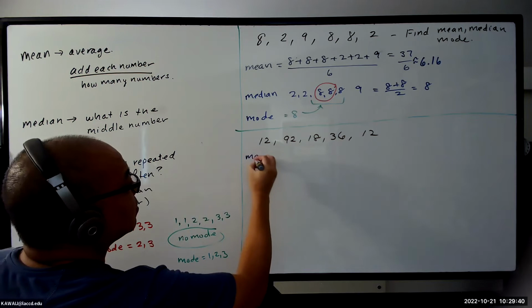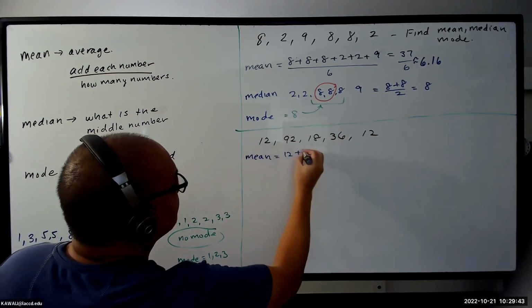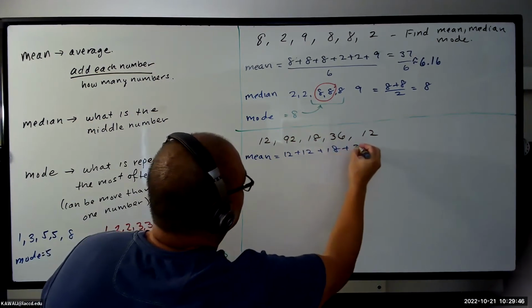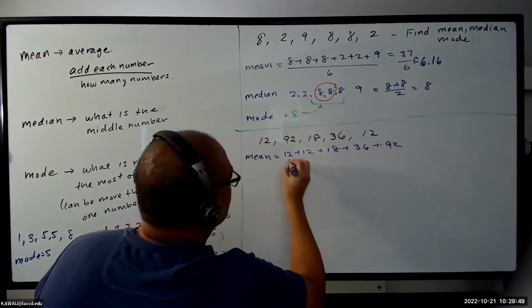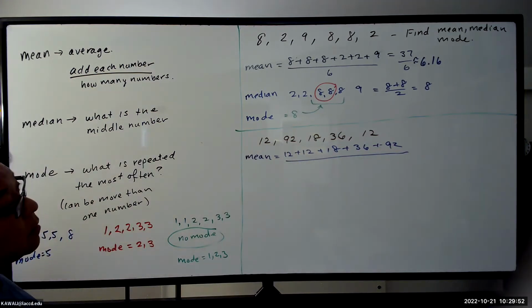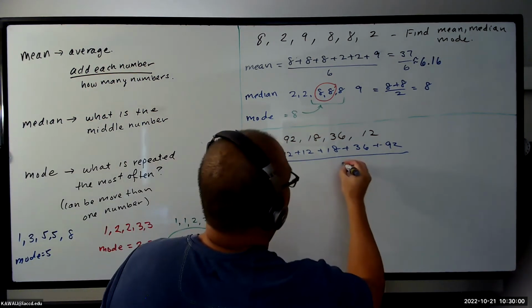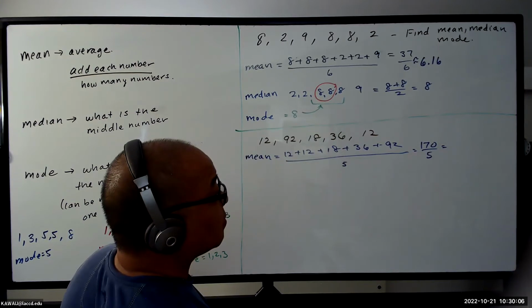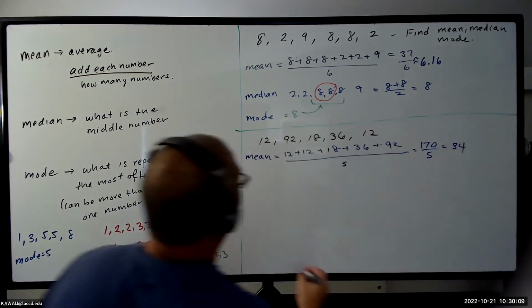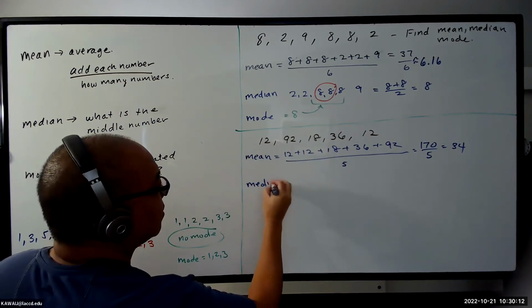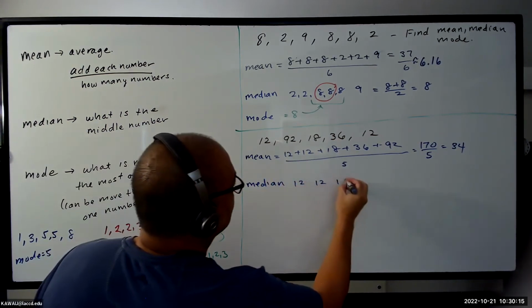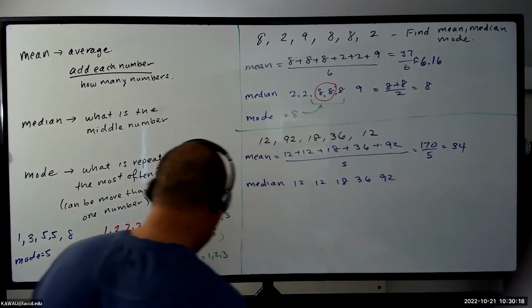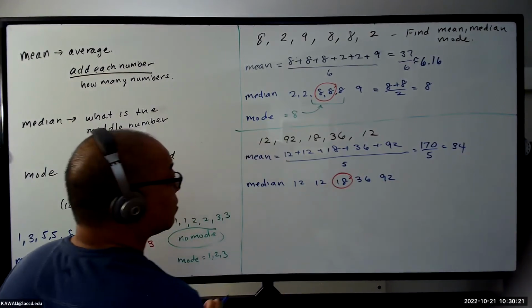So the mean, let's see what that is. 170, divided by 5, and then that turns into 34. Now, if we look at median, it's right here.